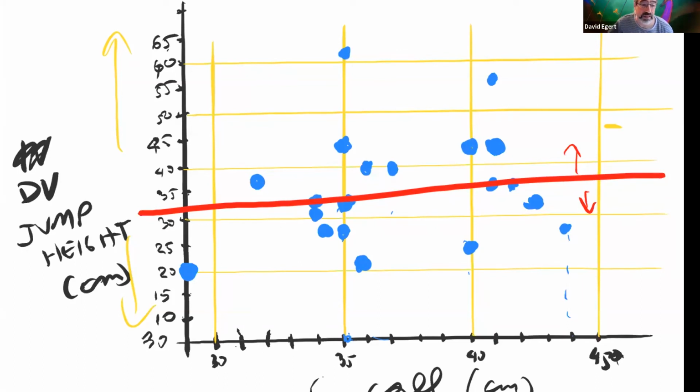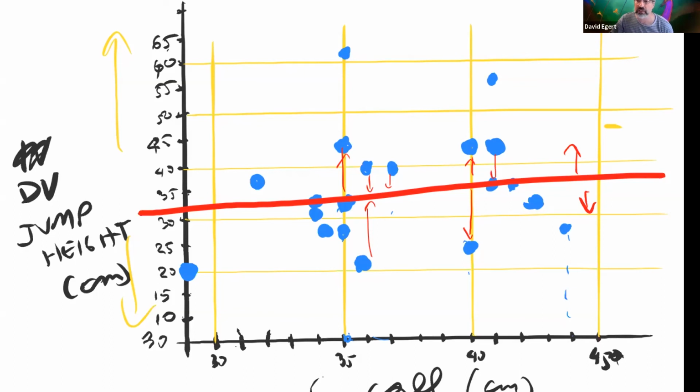In fact, the way that's calculated, the least squares, you basically calculate the distance between each dot and the line and find which line minimizes the distance from all the different dots. You can also say, what's the line where half the dots are above it and half the dots are below it? That's also a good rule of thumb.